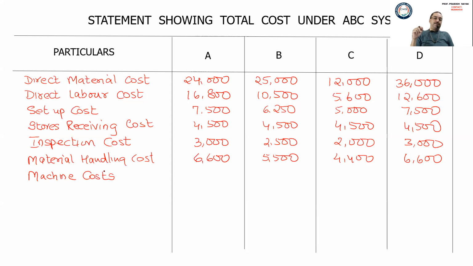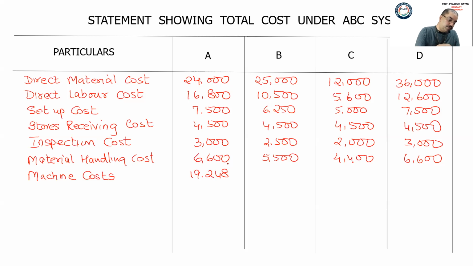Machine costs. Tell me the figures. 8.02 per unit hour. 19,248.